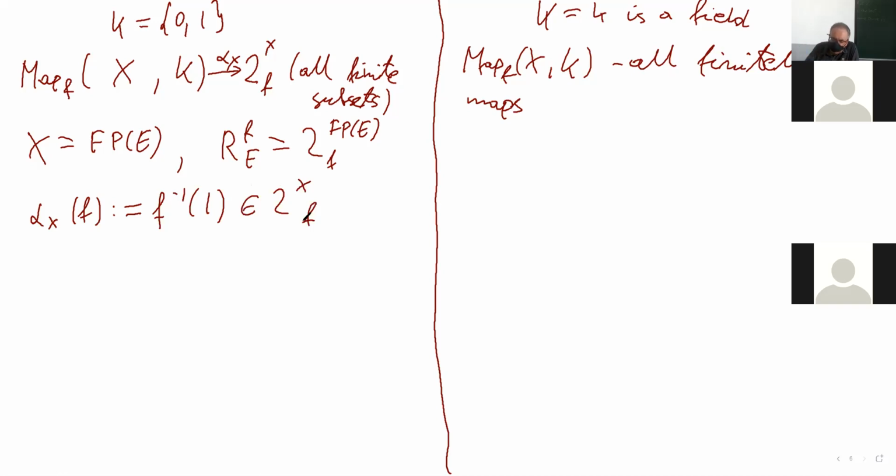Now, well, the inverse is obvious. I was just writing it down, but let me write it anyway. So I take A, which is a finite subset.